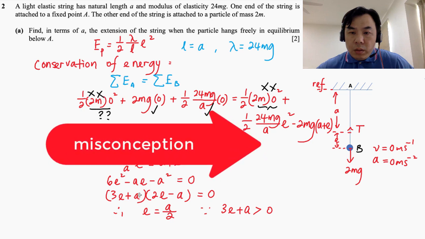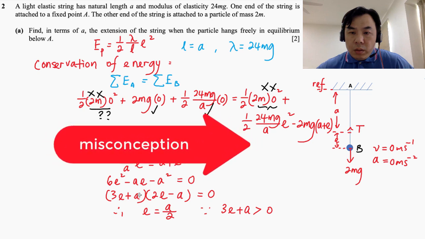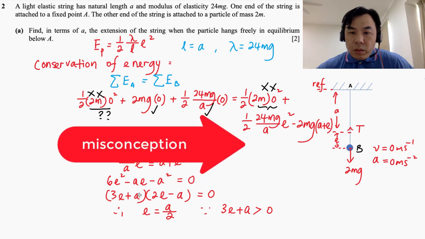This is the one thing I want to clarify for some of you who wanted to know more as to why we can't use these methods here. I hope that is clear. Let me summarize again. The correct answer to this question is by using Newton's second law. If you want to use conservation of energy, yes, by all means we can, but due to lack of information, we can't.